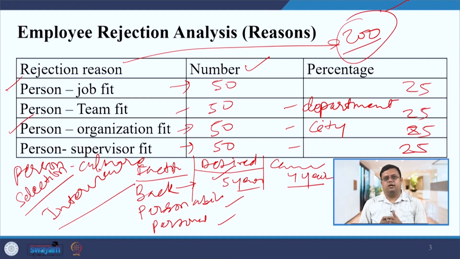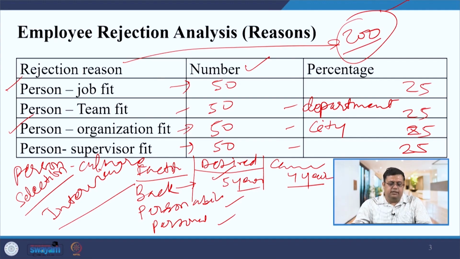If people are coming from a source and increasing the number of applications, but they are not suitable for the organization, then you can invest less time and less money on that particular source. And if more suitable, good candidates are coming from different sources, then you can focus on those. That is one decision that you can take based on this.